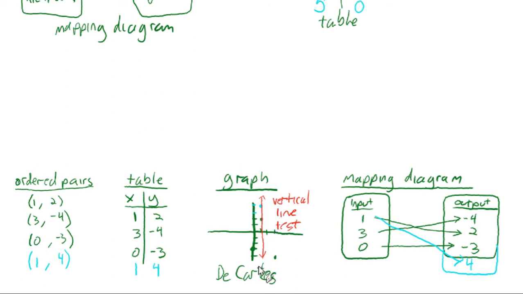If you can draw a vertical line, let's put this here. Vertical line test. I know you could state it several different ways, but I'll just put it into these words.